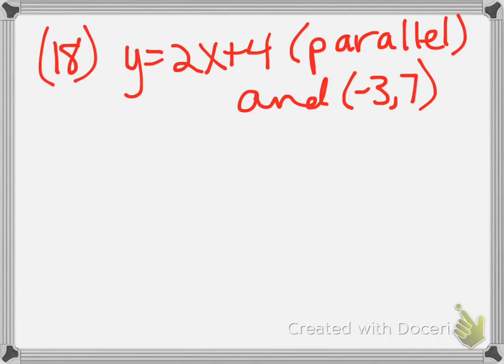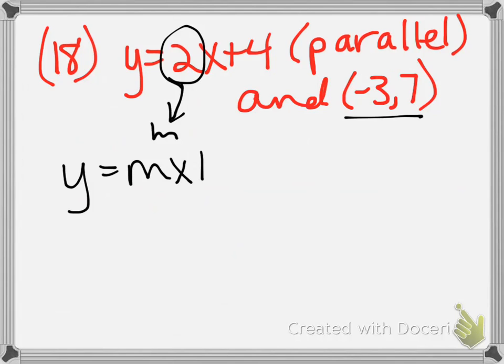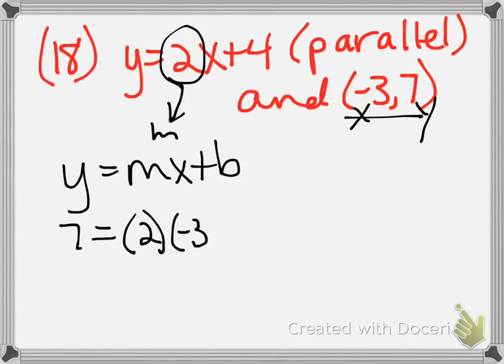Number 18, we're writing the equation of a line that's parallel to this line. So we want to use the slope of this line. So I know the slope is going to be 2, and I know I have this point. So when I do y equals mx plus b, m is 2, this is my x, this is my y. Y is 7, m is 2, x is negative 3.